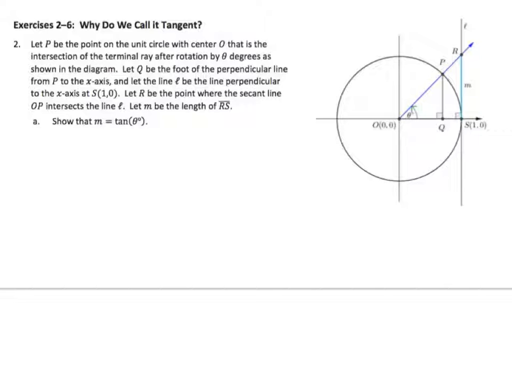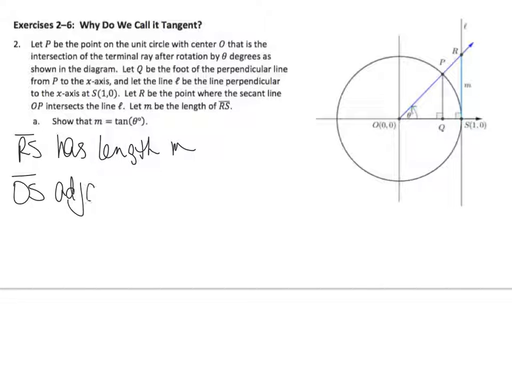All right, so first of all, segment RS has length M, and side OS, adjacent to angle ROS, has length 1.